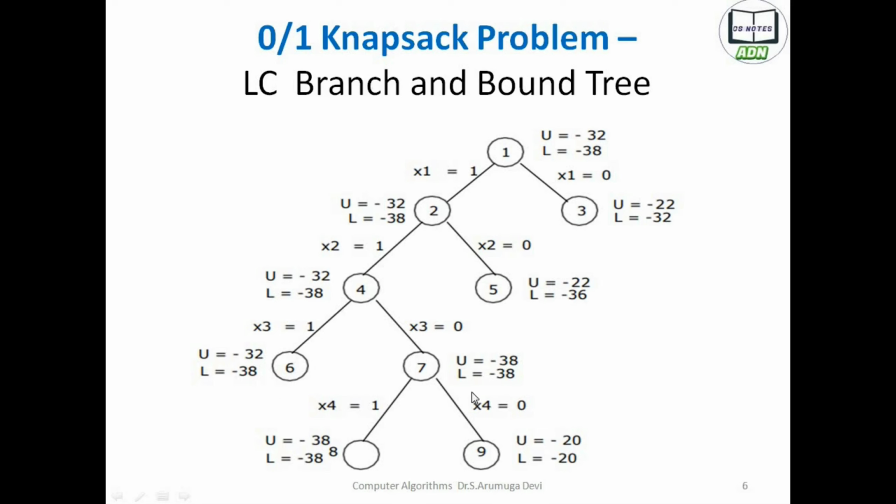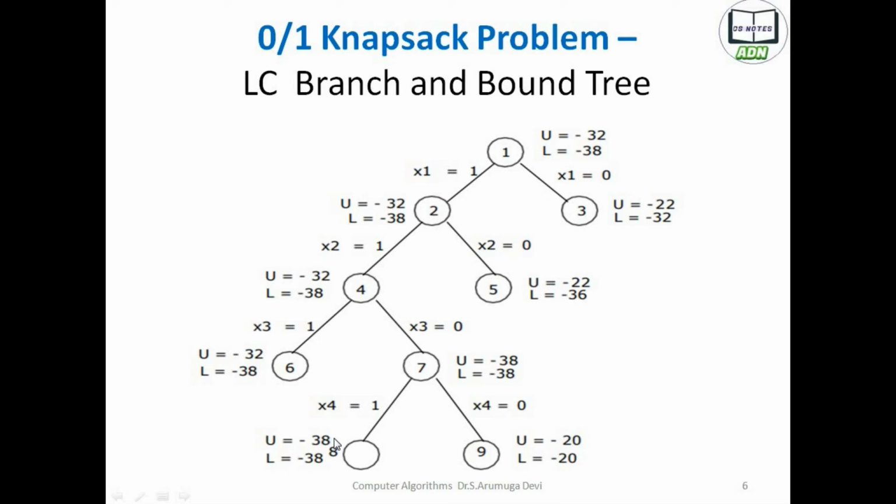Here x3 you have not taken, but x4 you have taken. In this way you are calculating, and every time you select the node by comparing the upper bound value. When you find the lowest upper bound, it is updated by that upper bound value.